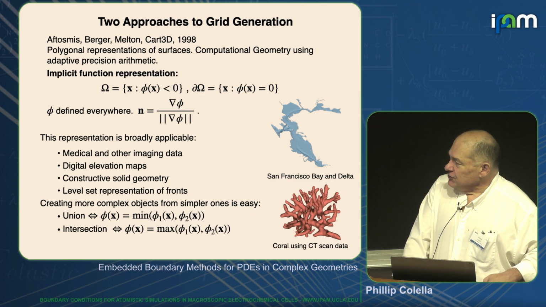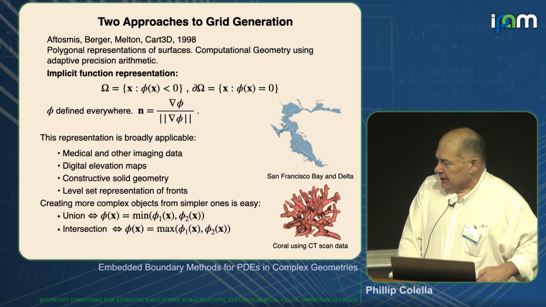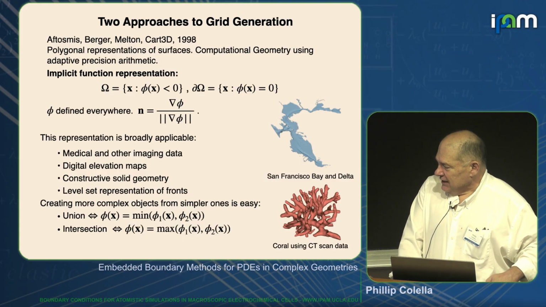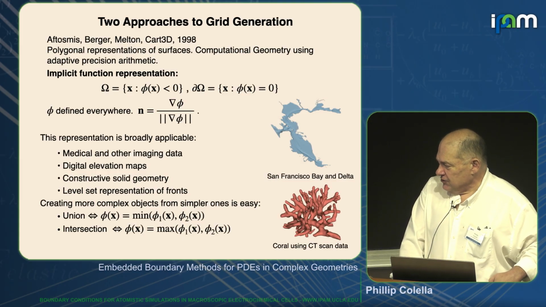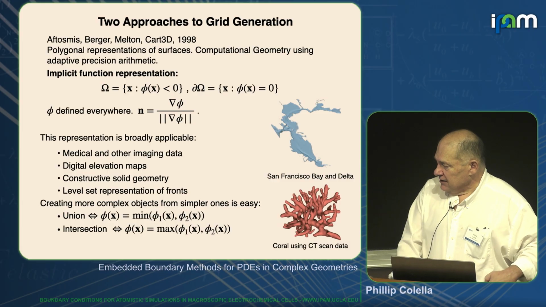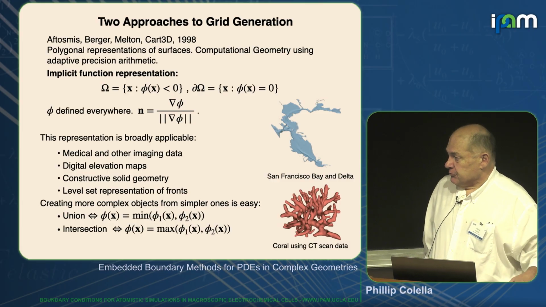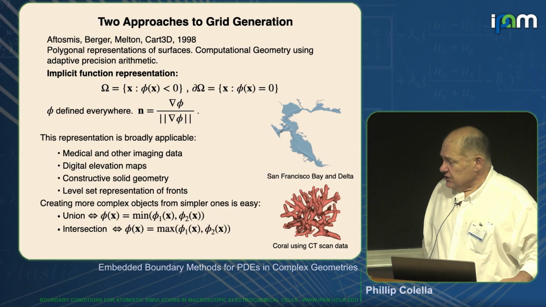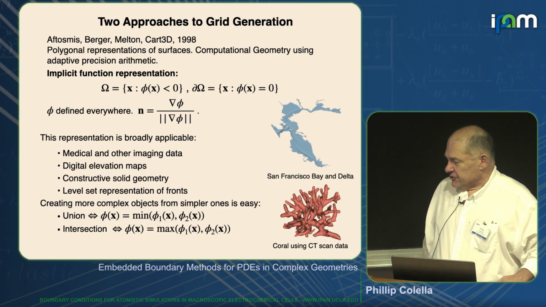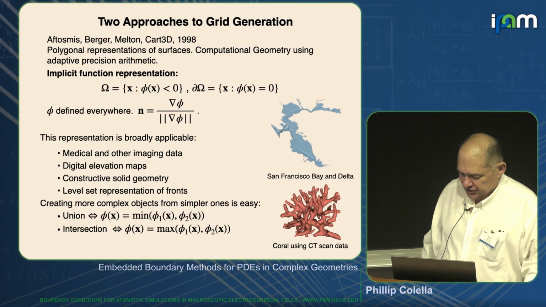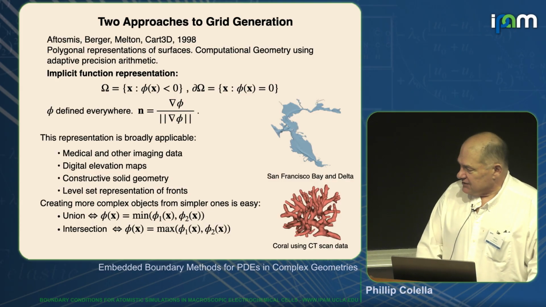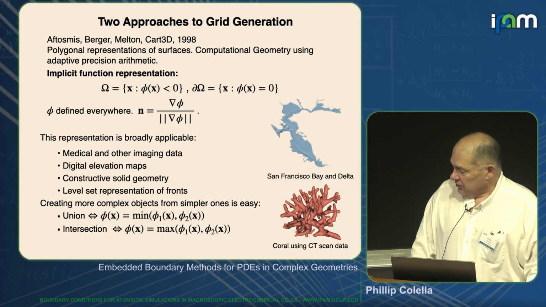So how do you take the union of two regions defined by implicit functions? Well, the implicit function that defines that union is just the minimum of the two input implicit functions. Intersection, phi for that intersection is the maximum of those two implicit functions. So this is nominally not hard.